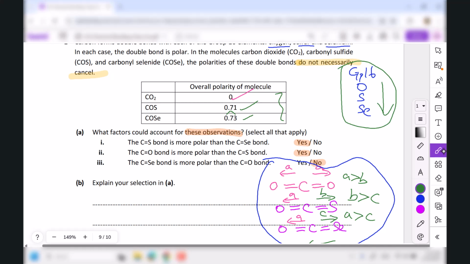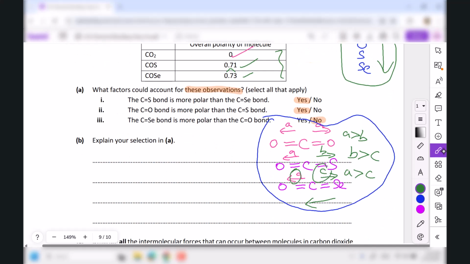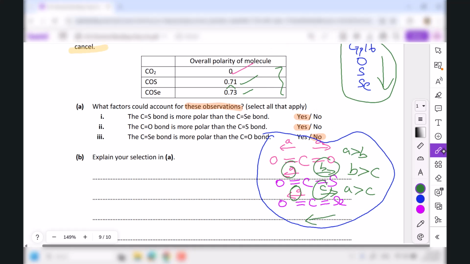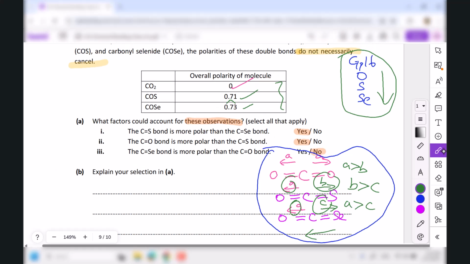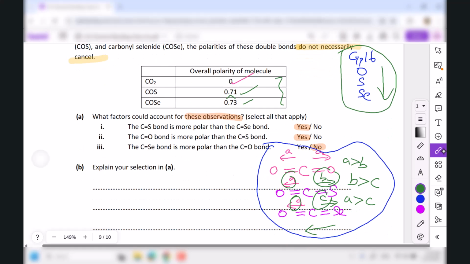Yeah, so therefore A minus C here will take on a greater value as compared to A minus B. So therefore the overall polarity of COSe is greater than that of COS. Yep, so with this particular idea in mind, that's how you could deal with question 1, where you are trying to explain how you pick your choices.